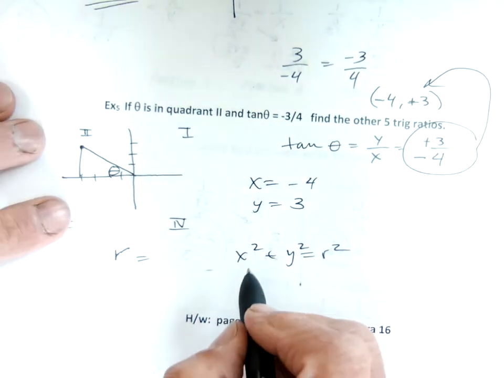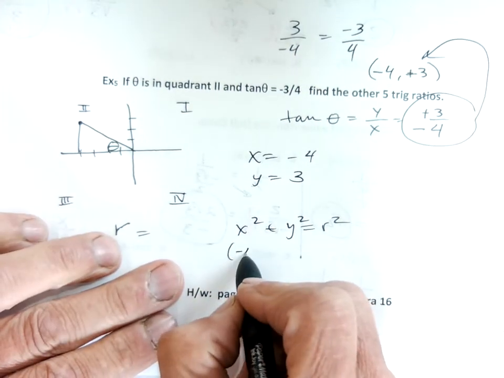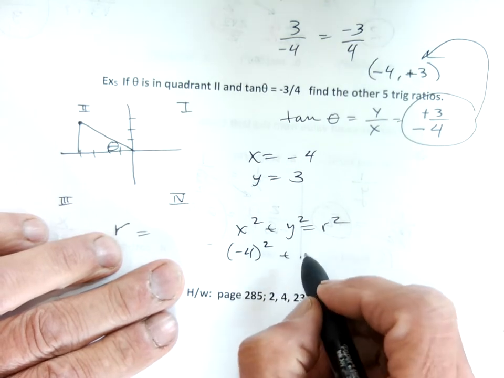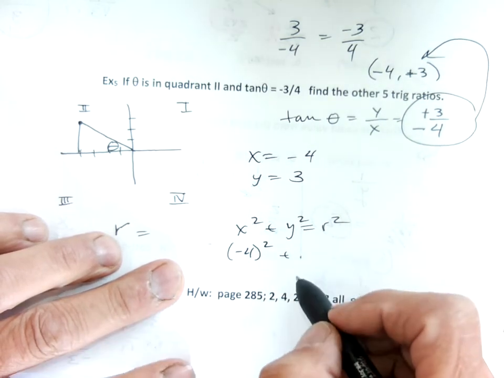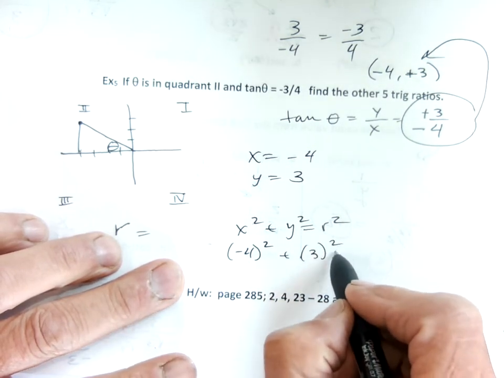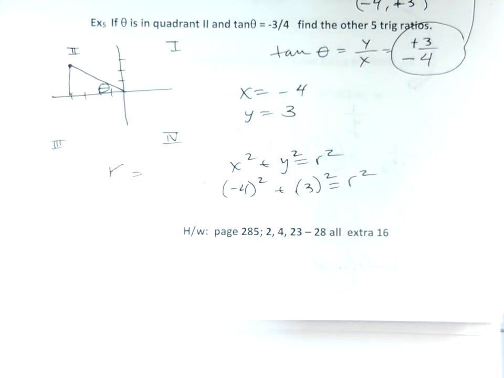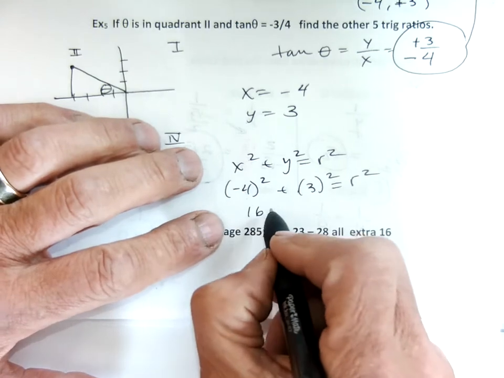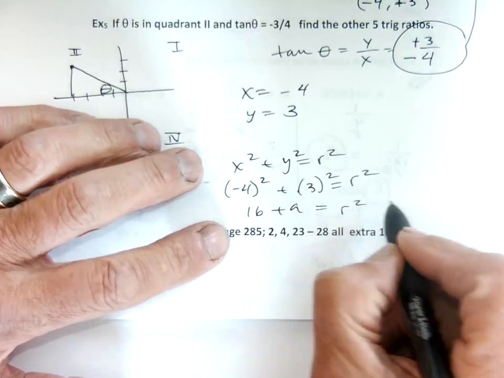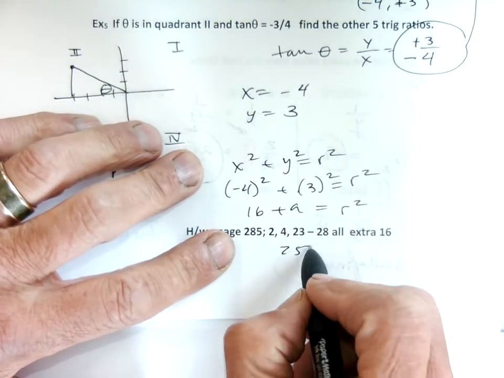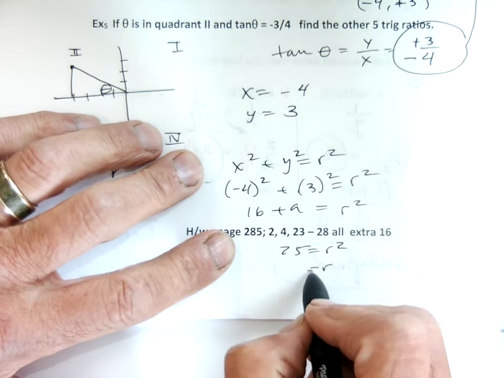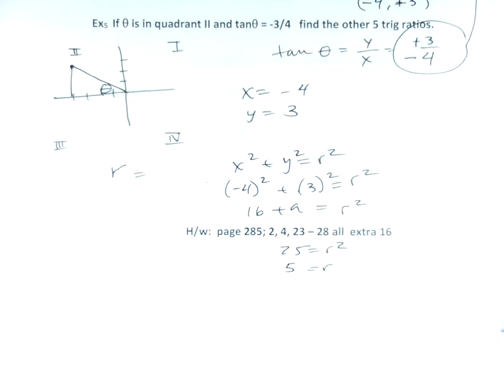I'm giving you a lot today, aren't I? Negative 4 squared, because that's x squared, plus y squared, which is 3 squared, equals r squared. Spencer's getting it. It's going to be 5, isn't it? 16 plus 9, which is 25, which r is 5, okay?